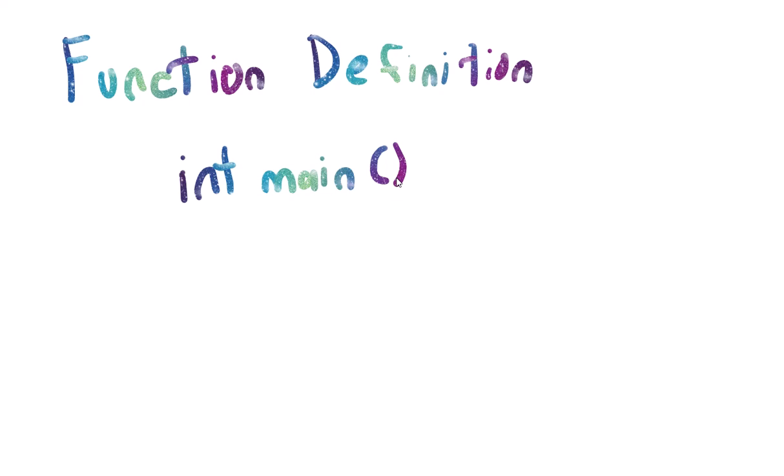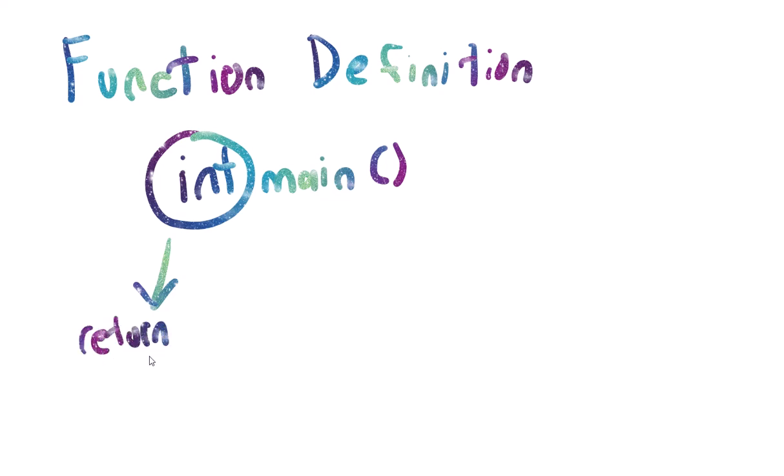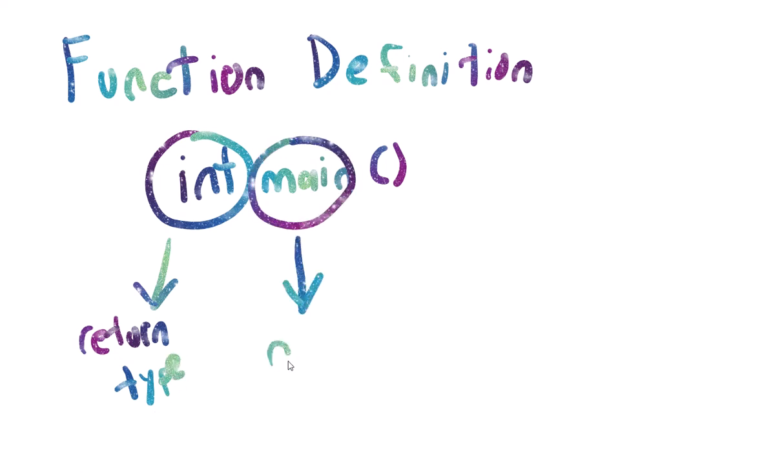So if we break this apart, this is what we call in a function a return type. This is the name of your function. And then these two parentheses here, they're going to be called your parameter list.